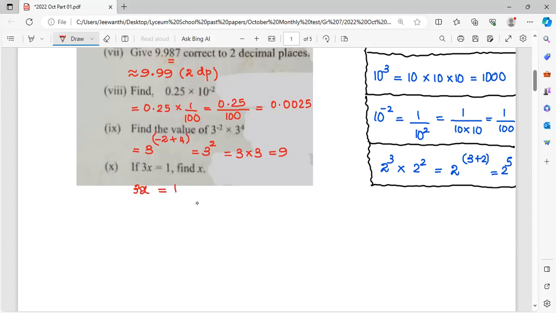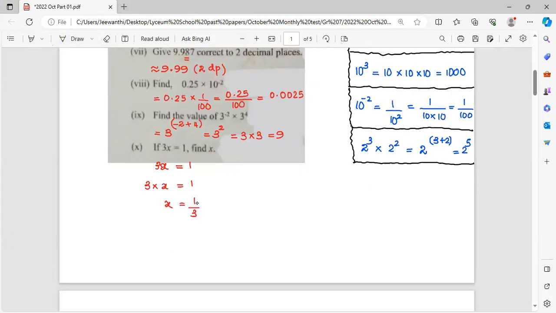What do you mean by 3x, children? 3 multiplied by x equals 1. So x is equal to 1 over 3. Right, so that is all about the first question.